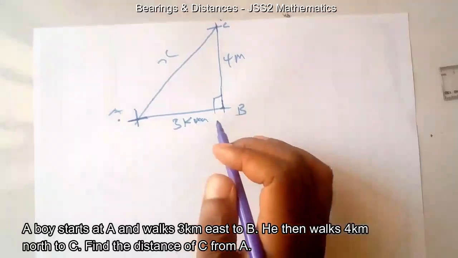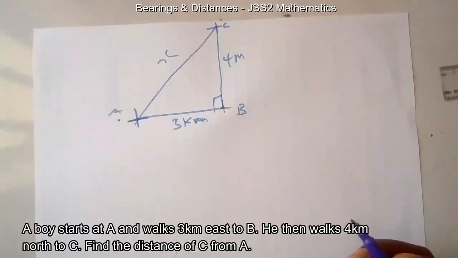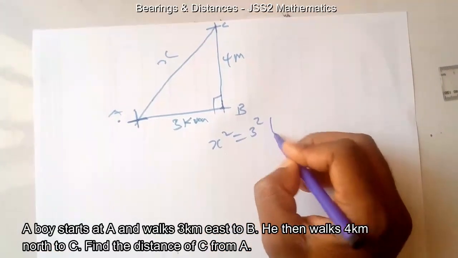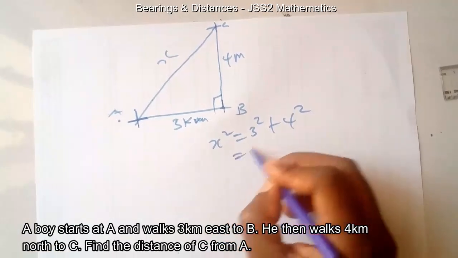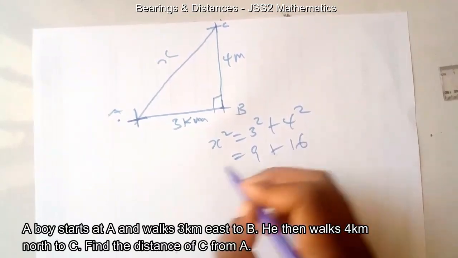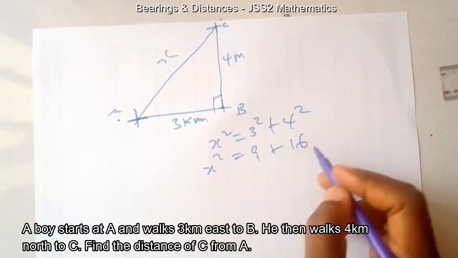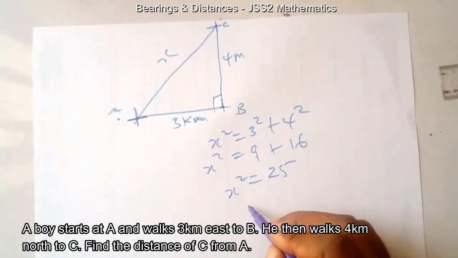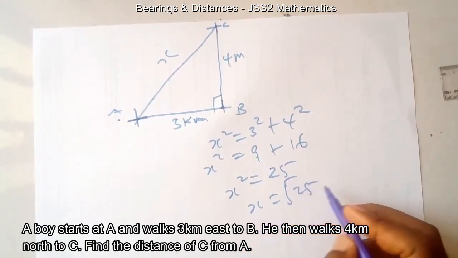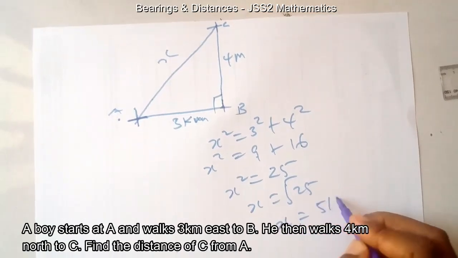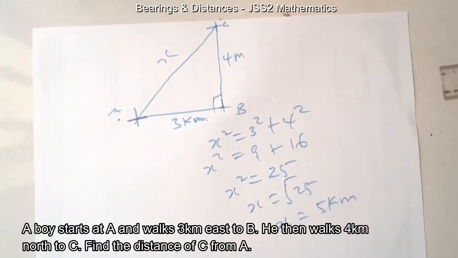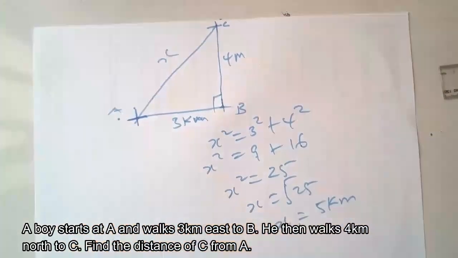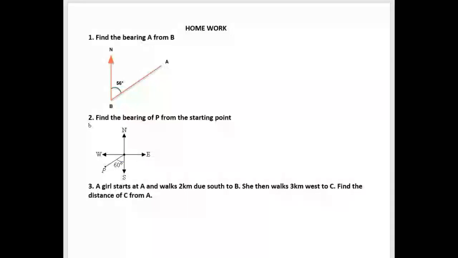As it is a right angle triangle, the only thing we can apply is Pythagoras rule. That is x squared is equal to 3 squared plus 4 squared. 3 squared is 9, 4 squared is 16. 9 plus 16 is 25. That is x squared is 25. Then x is the square root of 25. x is equal to 5 kilometers. That is the distance of C from A. I hope this is clear. Very simple.